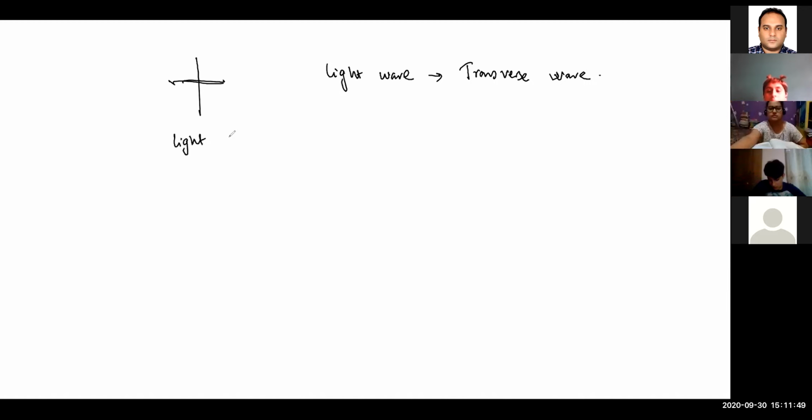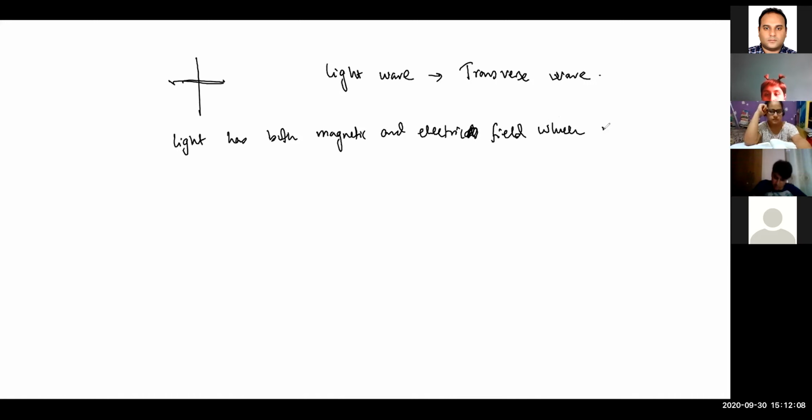So light has both magnetic and electric fields, which are perpendicular to each other.